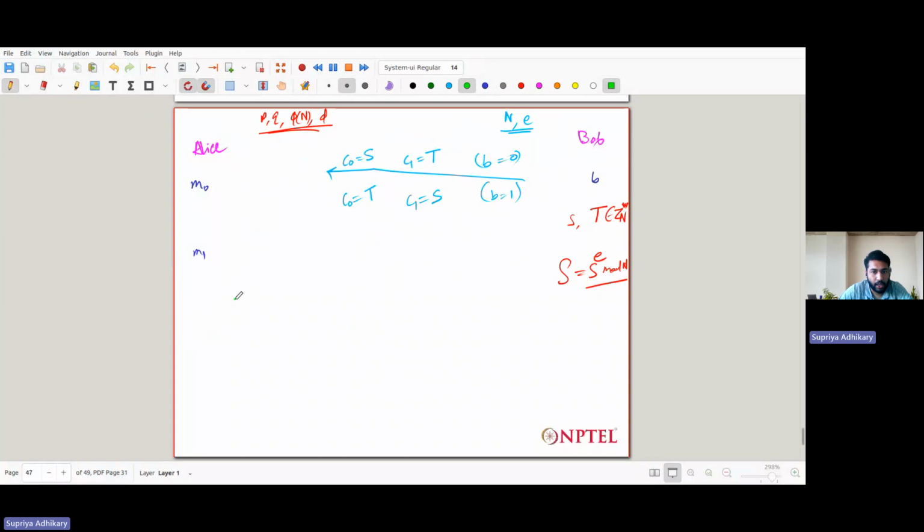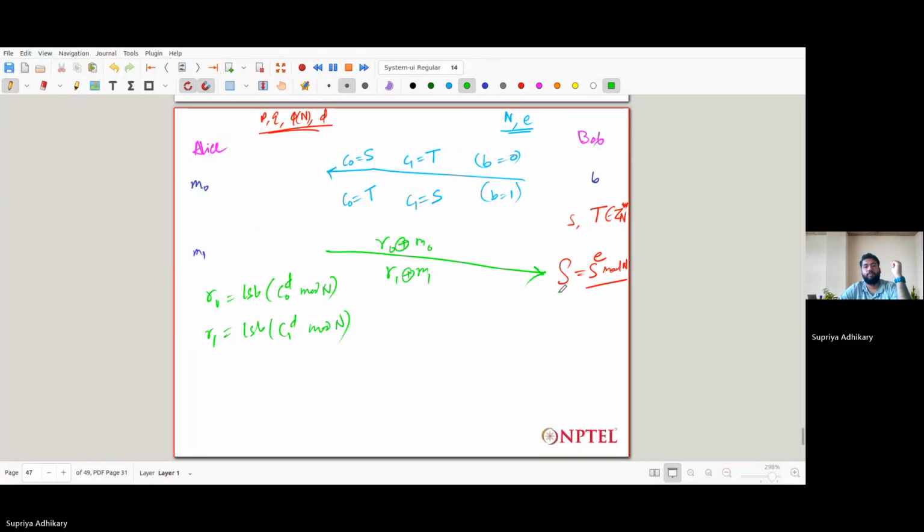Alice would find R0 and R1 as the LSB of C0 to the d mod N, and LSB of C1 to the d mod N, and Alice would now send M0 xor R0 and M1 xor R1 to Bob.